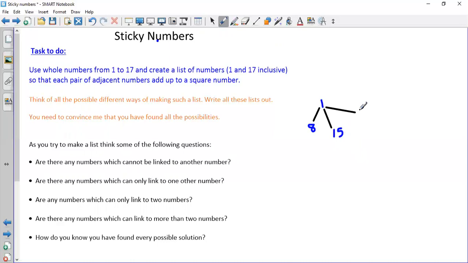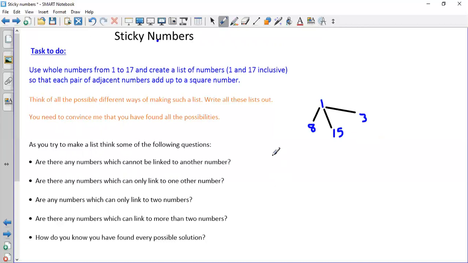So 16 is a square number. Can I think of something else? Maybe any number that is less than 17, really. Can it be 3? Yes, it can be 3. So let me write down 3 here. So 1 plus 3 gives me 4. 4 is a square number.